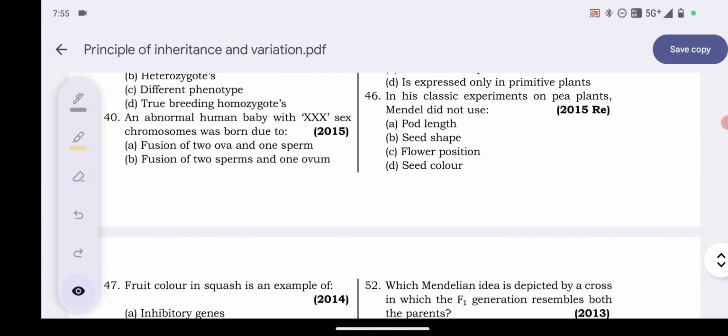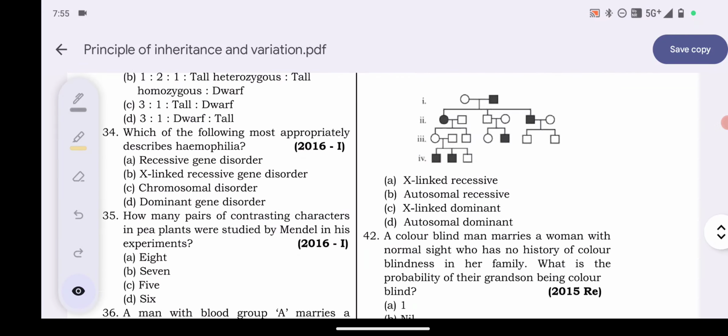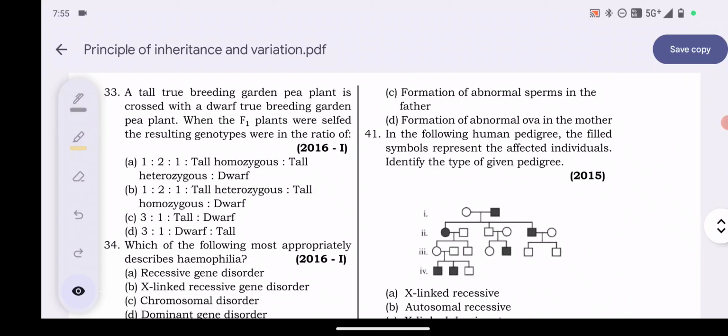Next, question number 40. An abnormal human baby with XXX sex chromosomes was born due to, it will have 3 X in it. The option is fusion of 2 ova and 1 sperm. This is wrong, this will not be it. Option B is fusion of 2 sperms and 1 ovum. This is also wrong. Let's come to the other options. Formation of abnormal sperm in the father, wrong one. Formation of abnormal ova in the mother.